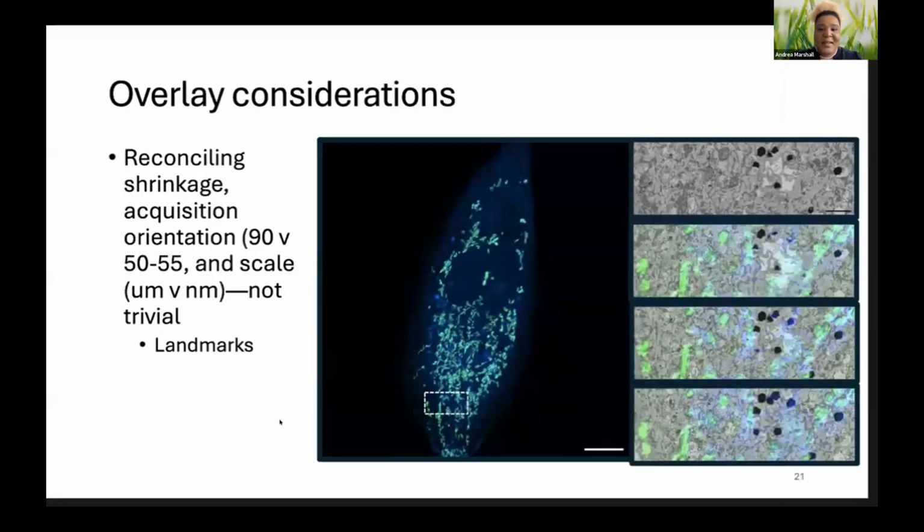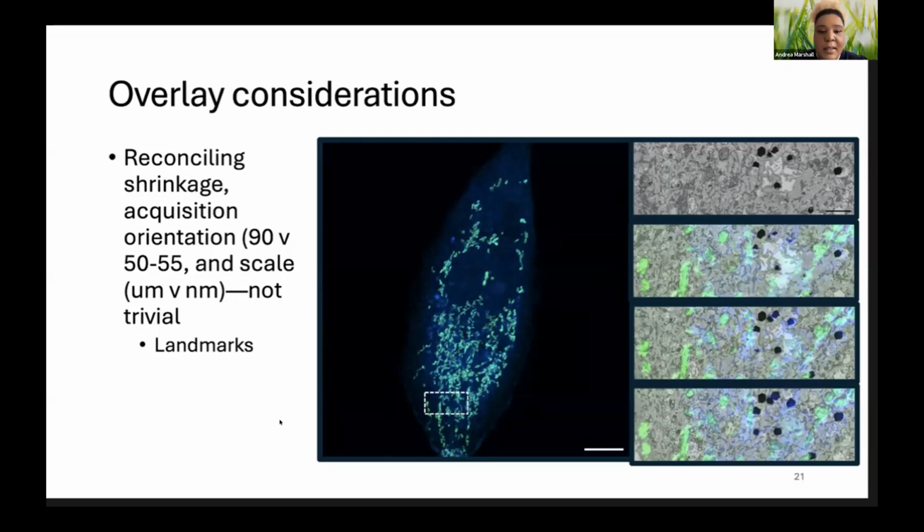So then we milled all our samples. We went back to our confocal. So to do our overlays, some of the considerations that we had to take into account is to reconcile the shrinkage associated with the EM resin embedding process, as well as the orientation. So you're imaging from different angles between your light microscopy and your EM microscopy, and you need to take that into account.